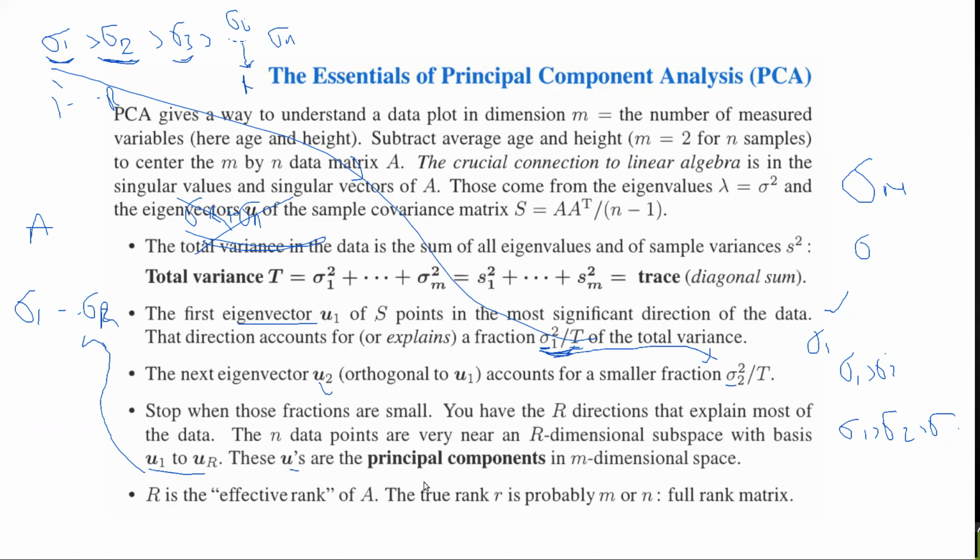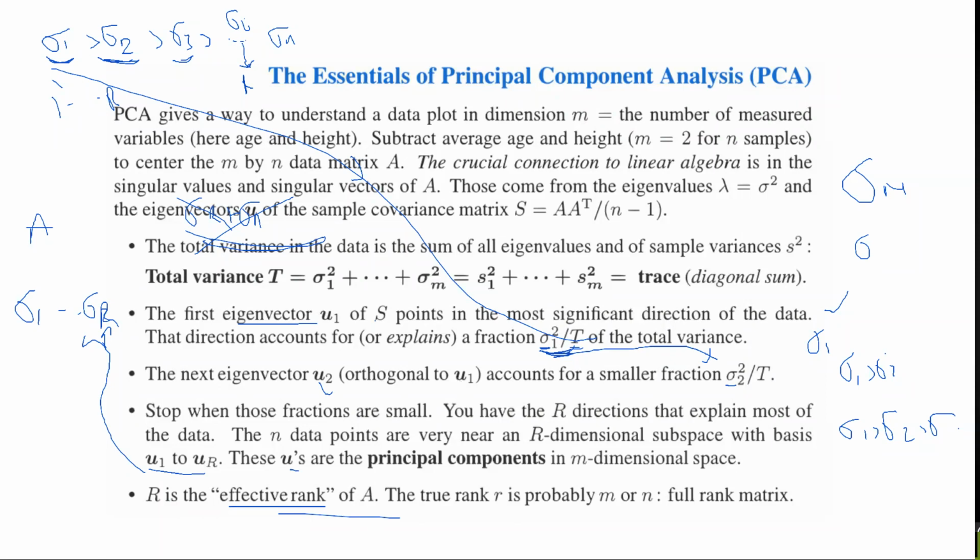We call this R, the stopping criterion, the effective rank of the matrix A. This is the same thing they use in some parts of machine learning.